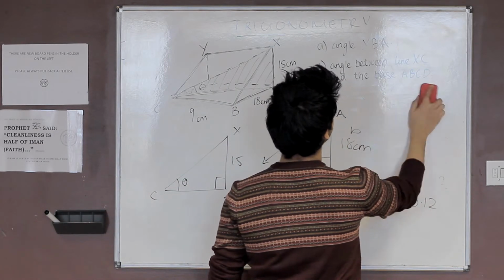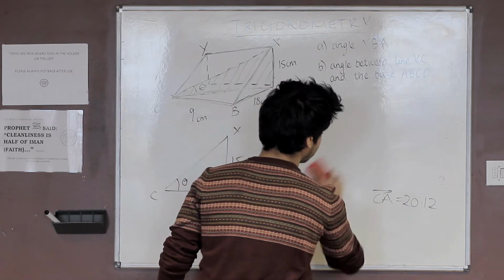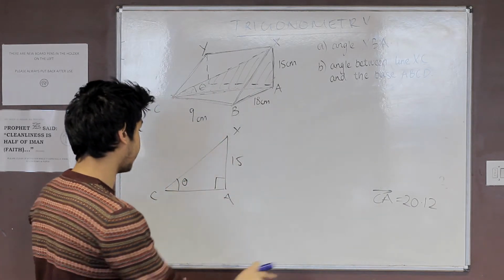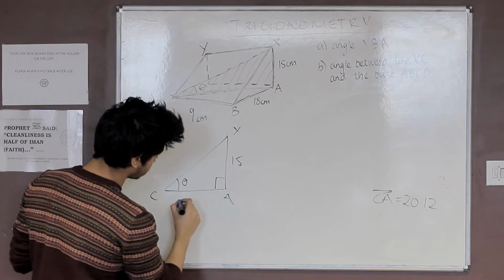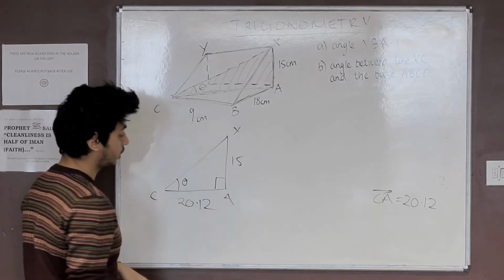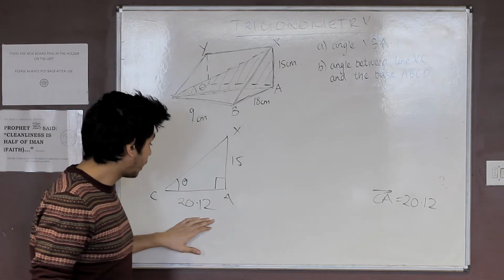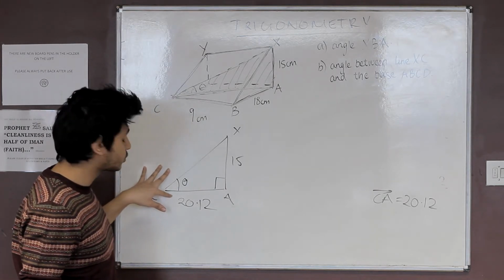If we rub this all out, we can use this value of our side CA and write it in here. Now CA equals 20.12, and we can solve our question just as we did before.